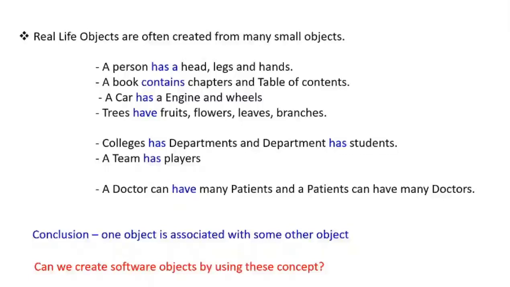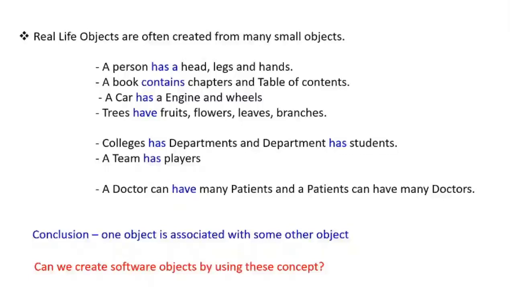Another example is a team has players. So you can say a team is created out of players, but the life of a player is not controlled by the team anymore. A team may exist, may not exist. Players do exist, irrespective of the team. So these are some of the examples that we have seen.